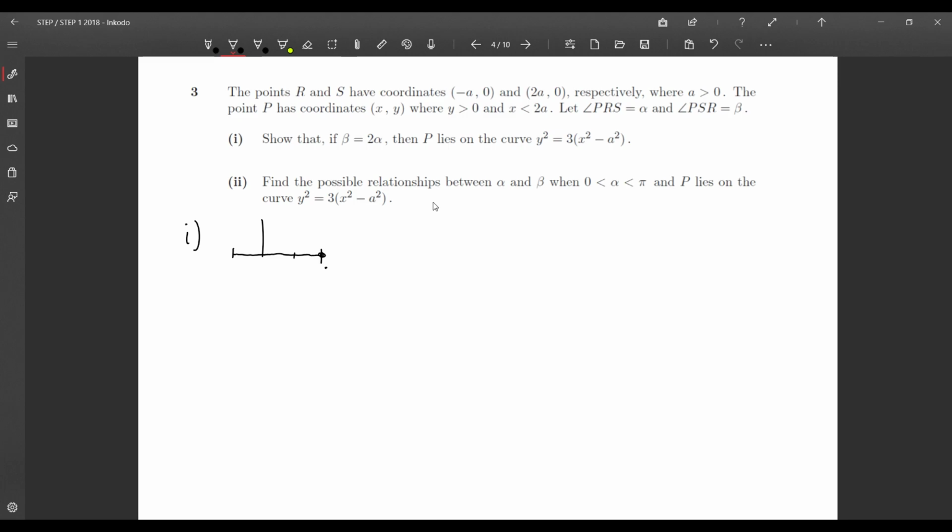So this is going to be S, this is going to be R. Now we have P. P is going to be somewhere here, sort of to the top left of S, right? So this is P, so PRS is alpha, and PSR is beta. So we're going to show that if beta equals 2 alpha, then P lies on the curve y squared equals 3x squared minus a squared.